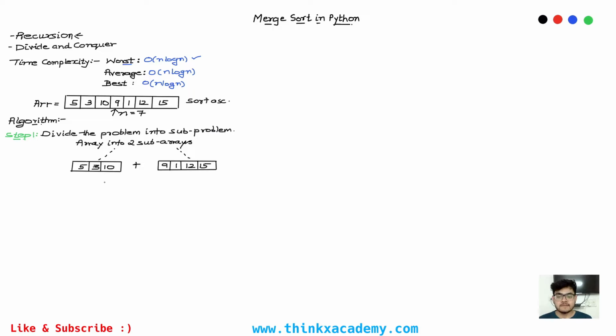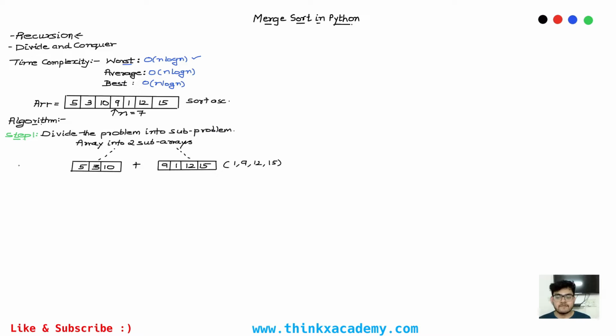Now let's assume that we have come up with an algorithm. We will discuss the algorithm, how to merge these two, and we will also discuss how to sort these two arrays. Here we are assuming that I have come up with an algorithm which is able to solve these two sub arrays. So after sorting, this array will remain the same, but this array will change. It will be somewhat like 1, then 9, then 12, and then 15, right?